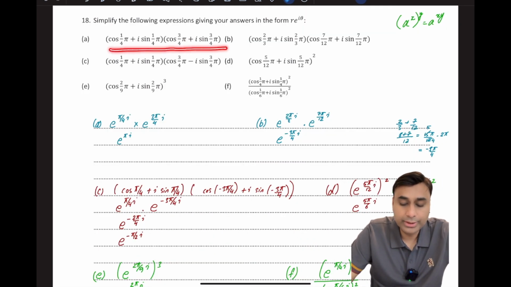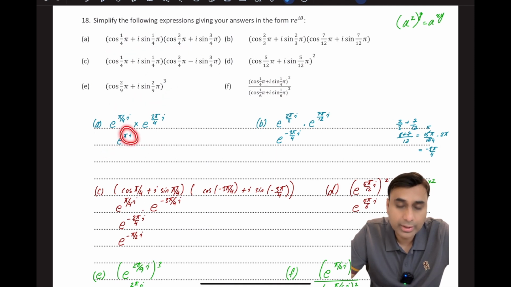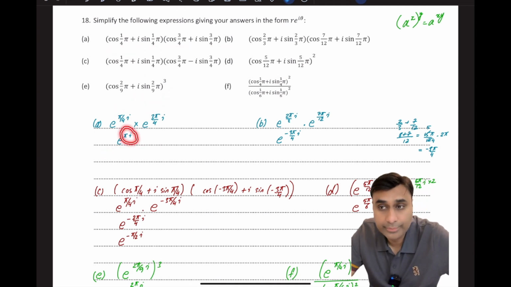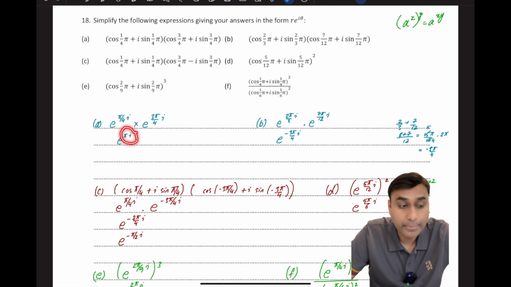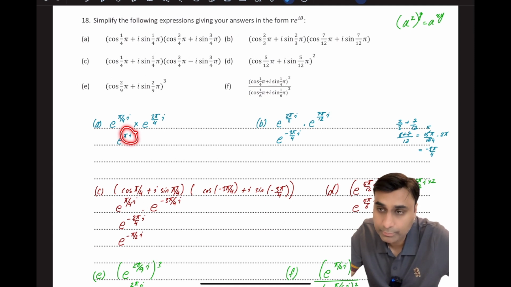You have to multiply these two complex numbers. So what you could do is simply write them in the exponential form and simplify. Just keep one thing in mind: whenever you are doing this simplification, keep an eye on the argument. Because of addition of angles, it may exceed pi, or it may be smaller than minus pi.